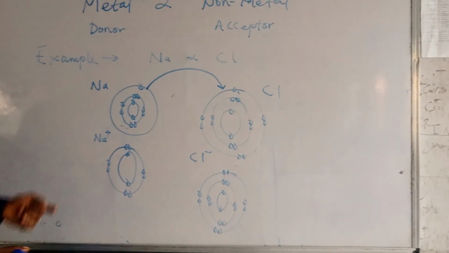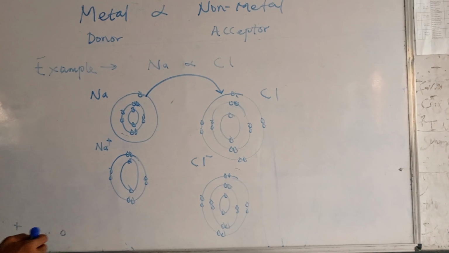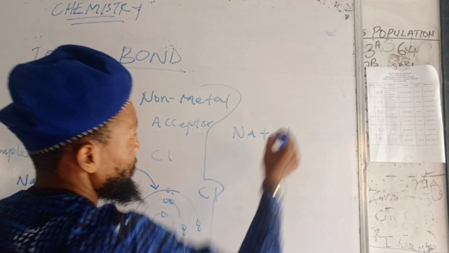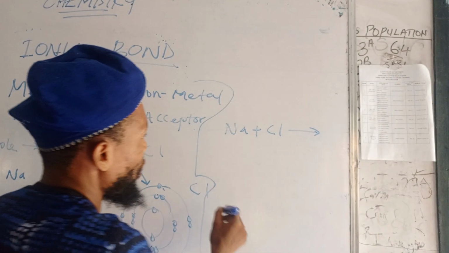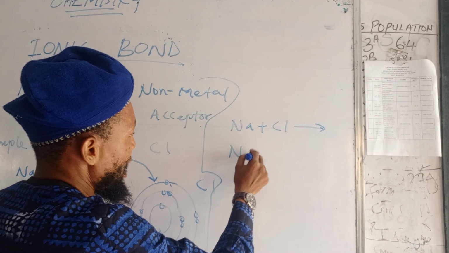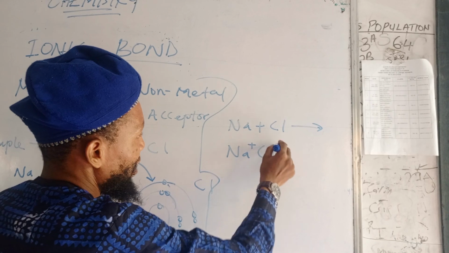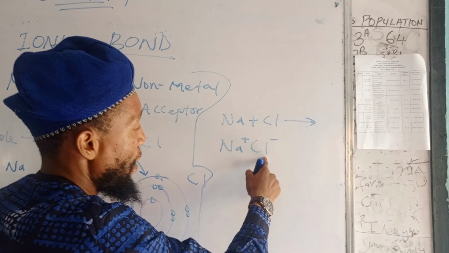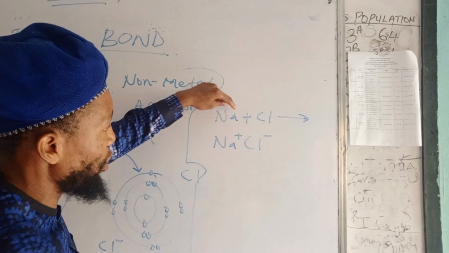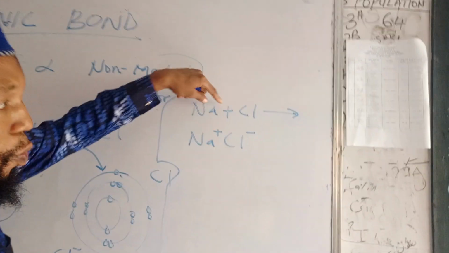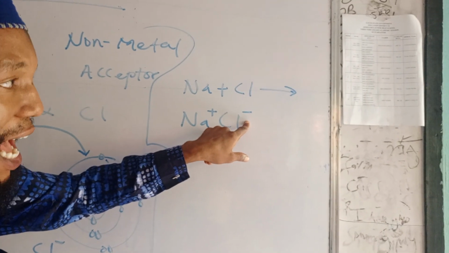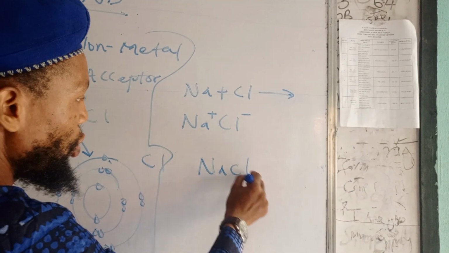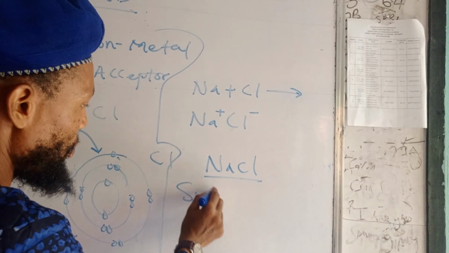So what we are going to have at the end of the day is that initially we have Na plus Cl, and at the product now we are going to have Na plus Cl minus, because the sodium has lost an electron while the chlorine has accepted an electron, and the compound formed is called sodium chloride.